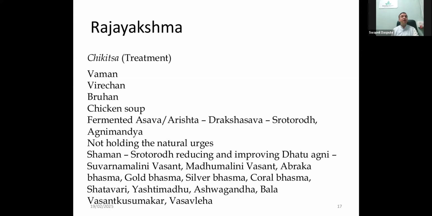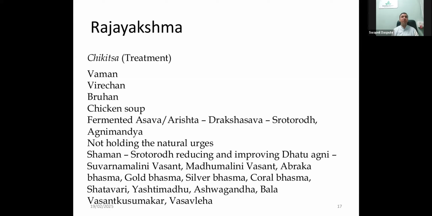For fermented asava arishta, especially drakshasava or draksharishta, it works wonderfully in these patients, and it will help in removing the clogged channels. Srotorodha, it helps to reduce Srotorodha and also improve the digestive fire and reduce Agni-mandya.